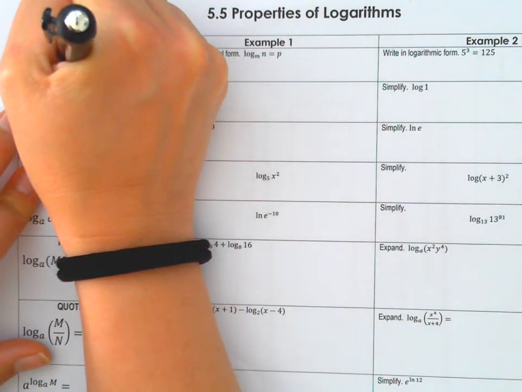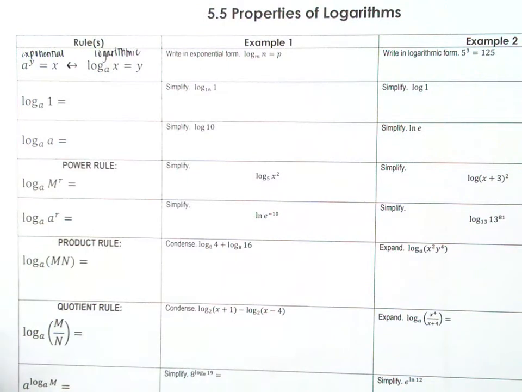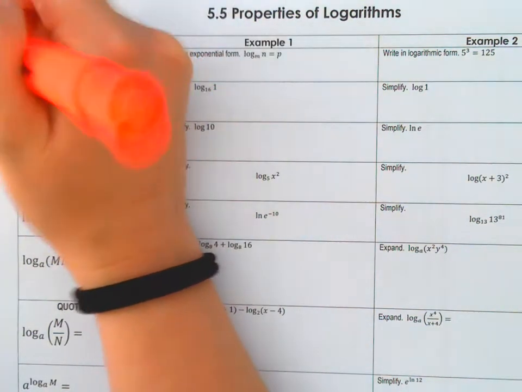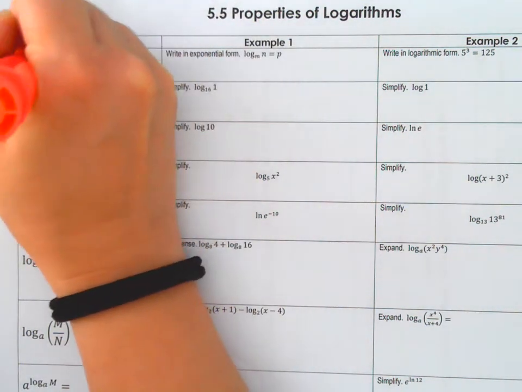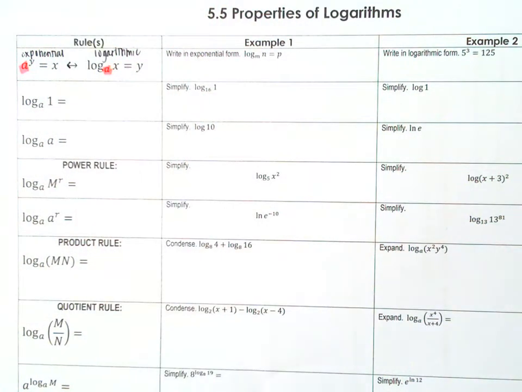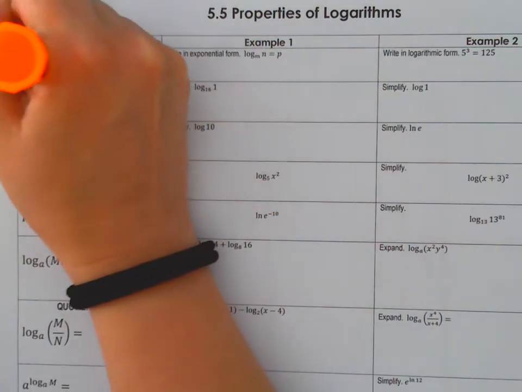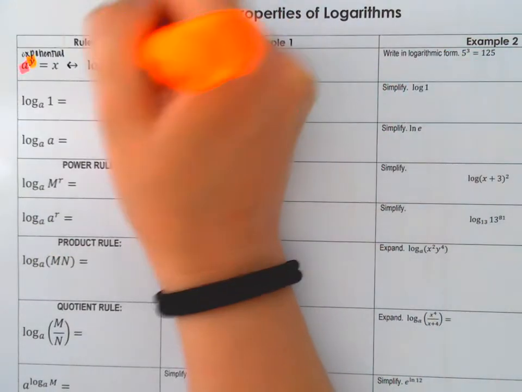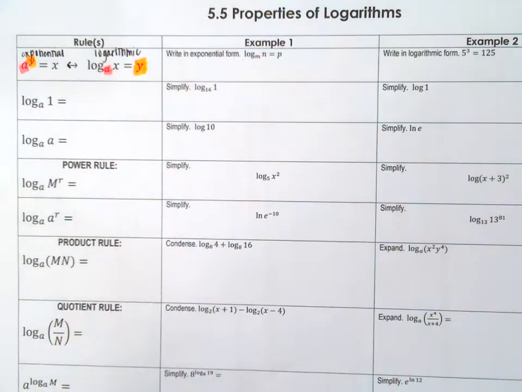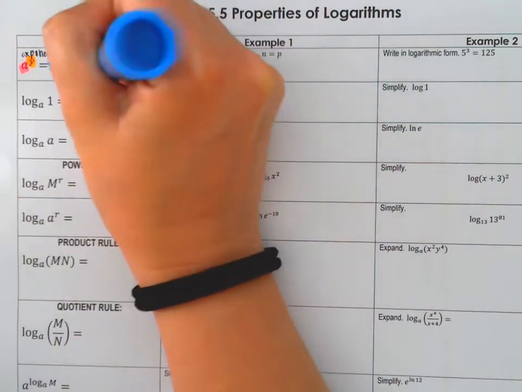It can go this way as well. The base in an exponential is the same as the base in a logarithm. The exponent in an exponential is what the logarithm is equal to. And the exponential is equal to the argument of the logarithm.